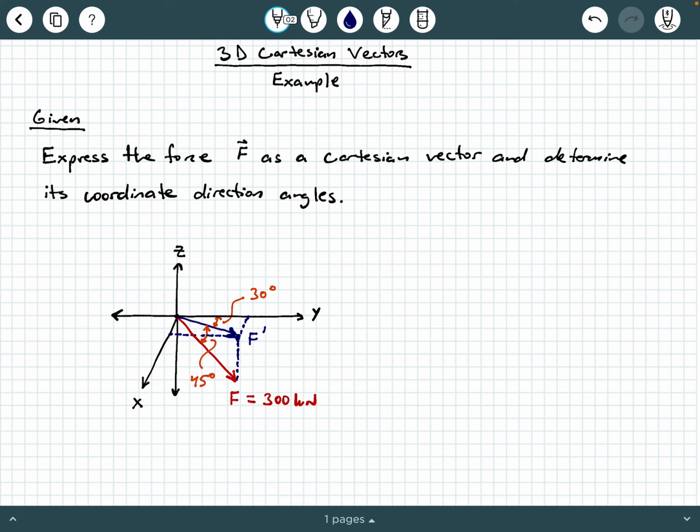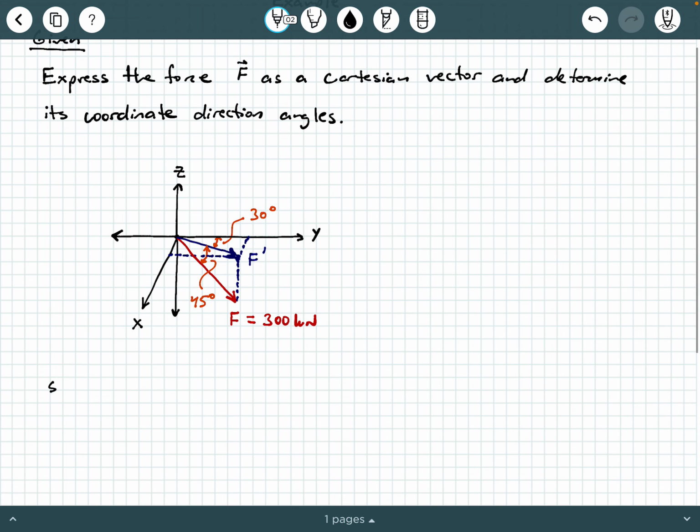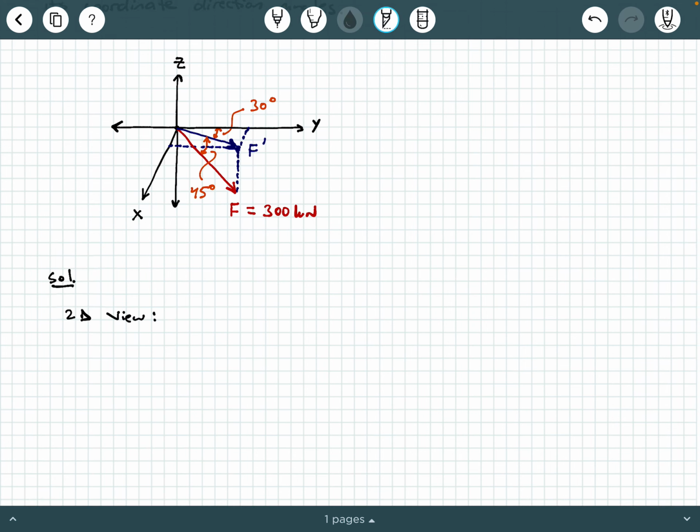Then, for the solution, the first thing I'm going to look at is a two-dimensional view of this vector, its vertical projection, and its shadow, or projected value, in the xy plane.